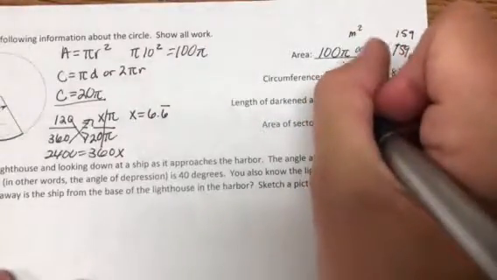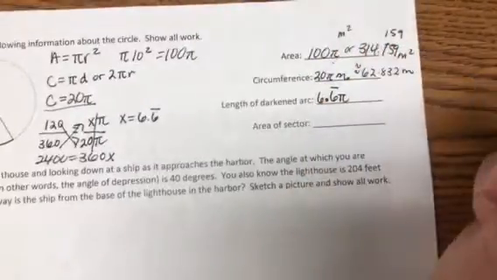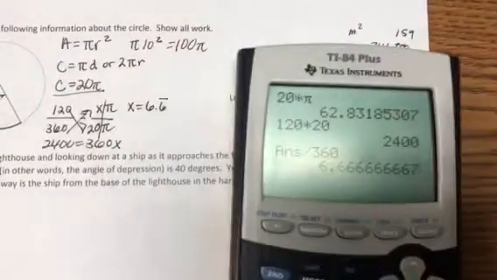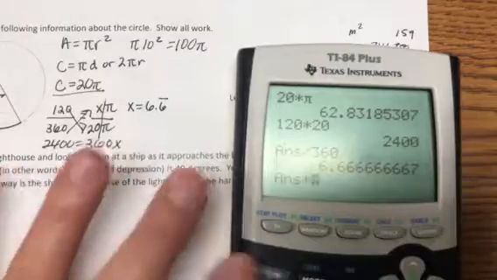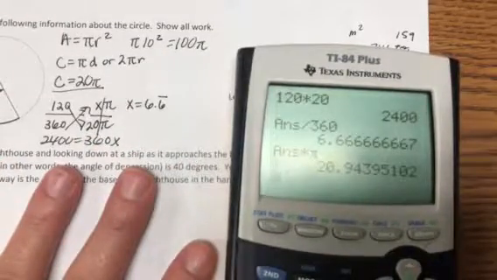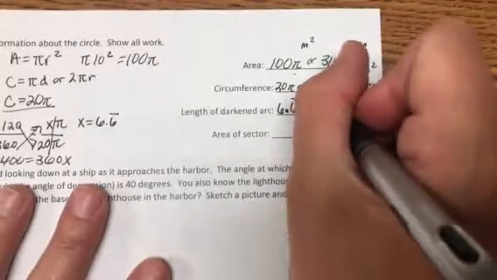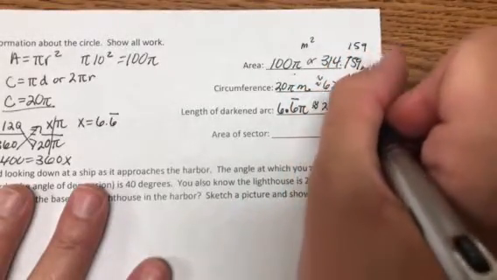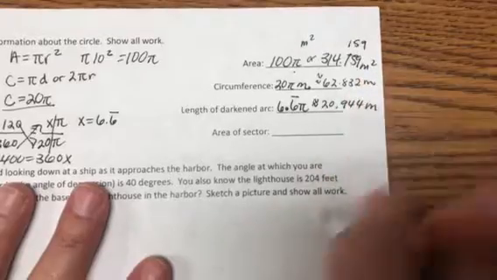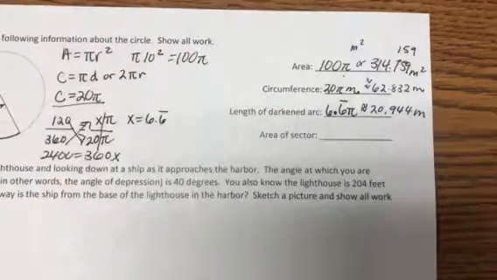So I would accept the repeating decimal. Or if we actually go through and multiply that by pi, 20.944. And that's again going to be in meters, because it's just the length of the arc.